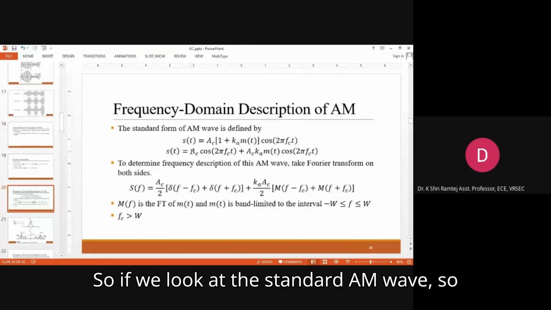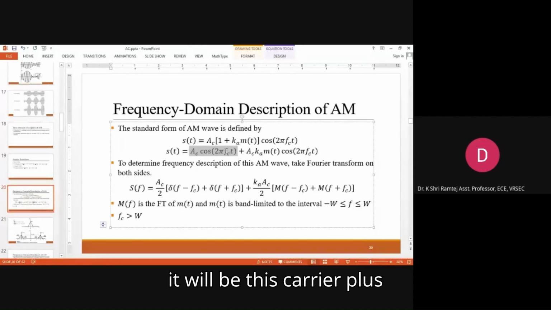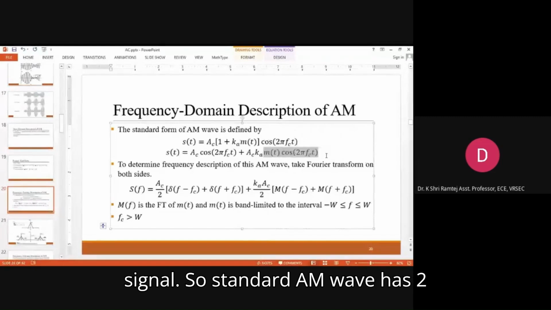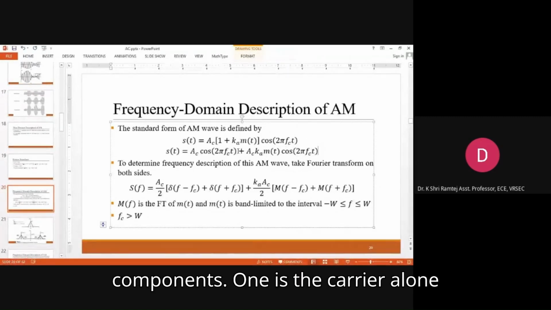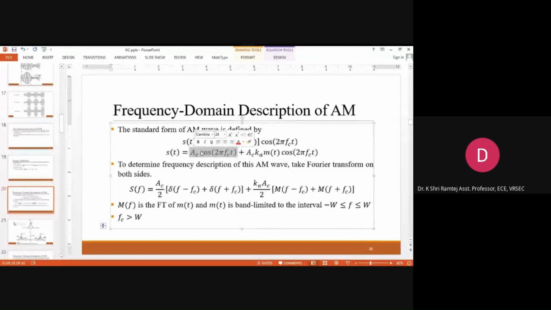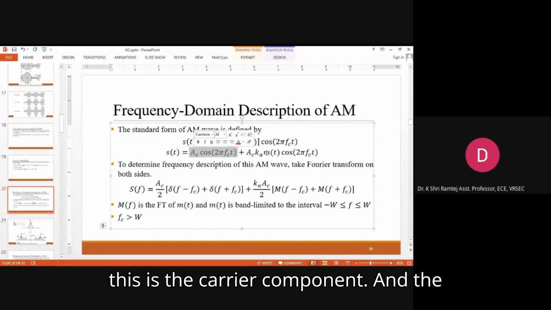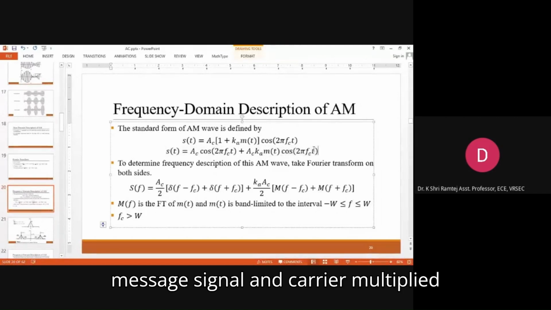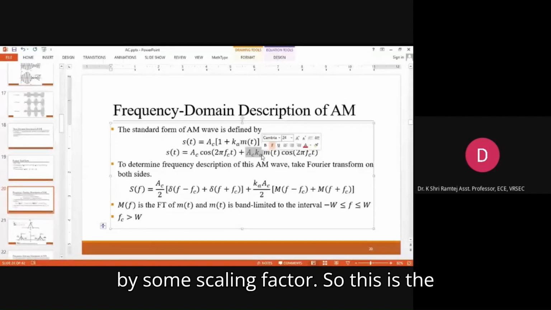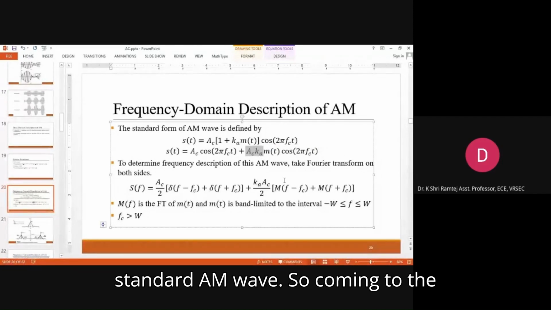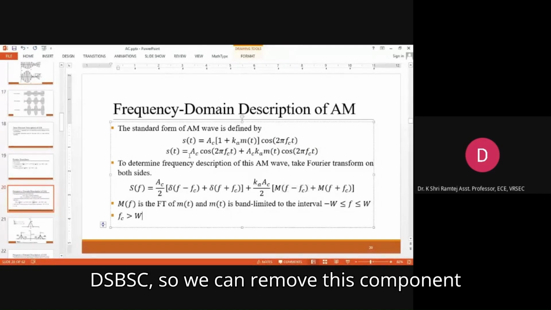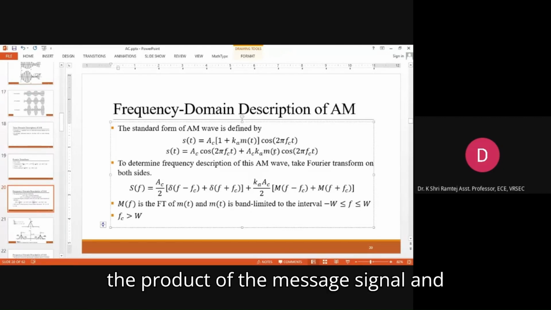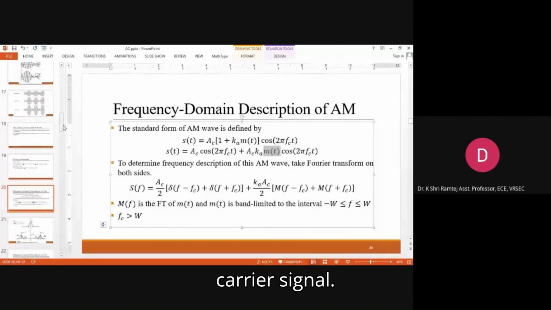So the standard AM wave has two components. One is the carrier alone, that is Ac cos 2 pi fct. This is the carrier component, and the other term contains the product of message signal and carrier multiplied by some scaling factor. Coming to the DSB, we can remove the carrier component, and hence it can be expressed as simply the product of the message signal and carrier signal.